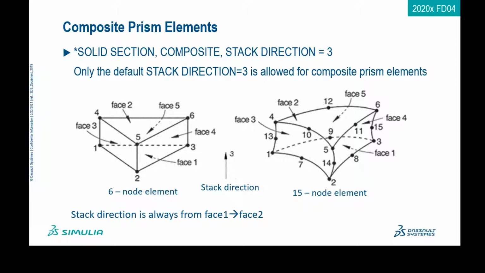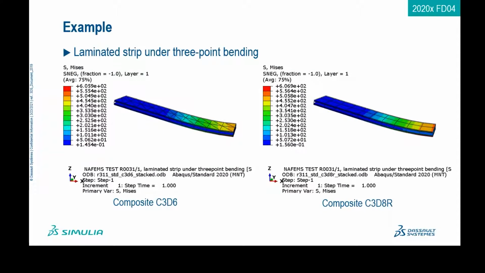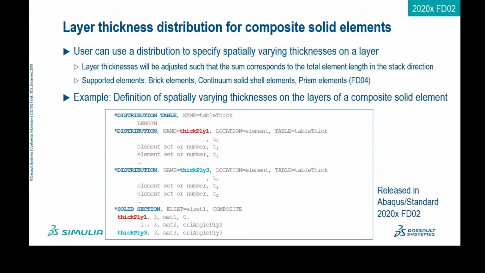Ironically enough, only the default stack direction equals 3 is allowed for the composite prism, so it's not really optional, but it has to be there. A simple example here is illustrated using composite section with elements C3D6 and C3D8R, reduced integration.